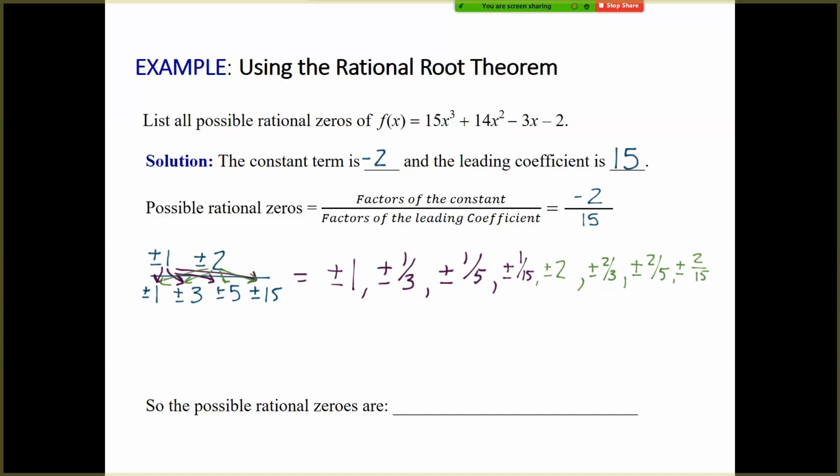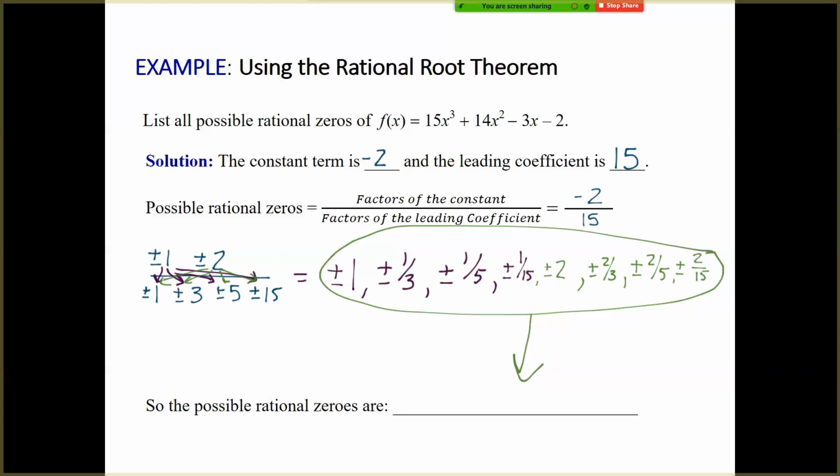All of these right here are your possible rational zeros. Keep in mind, this is +1, -1, +1/3, -1/3, all the way through. So technically, we have 16 possible answers.